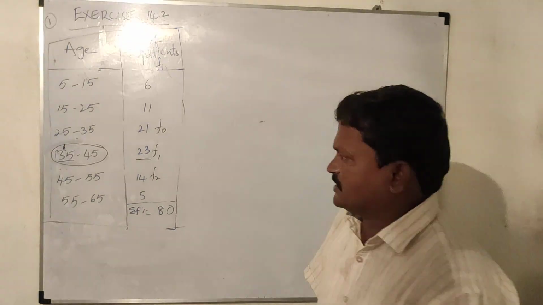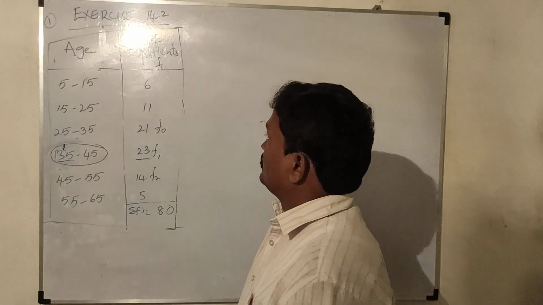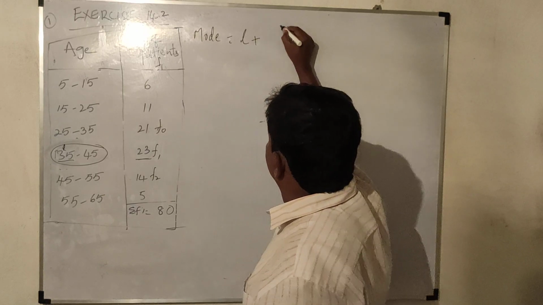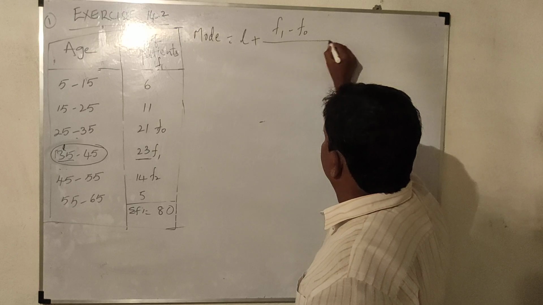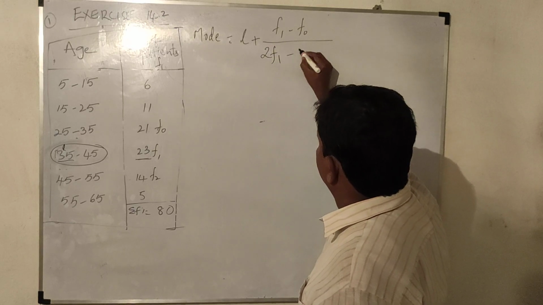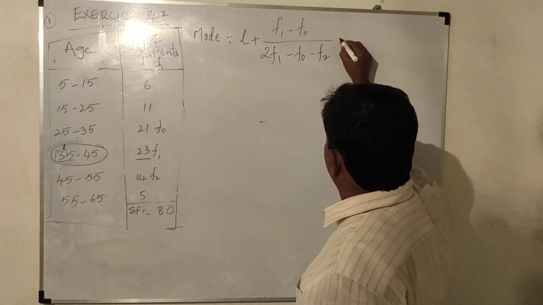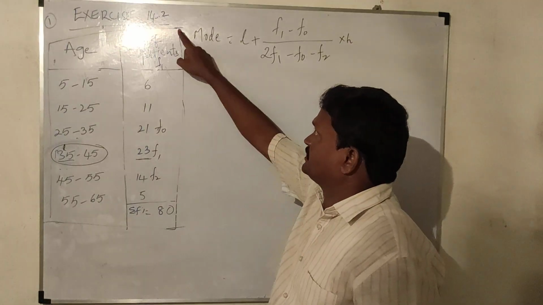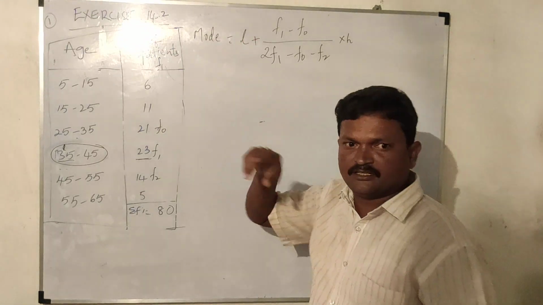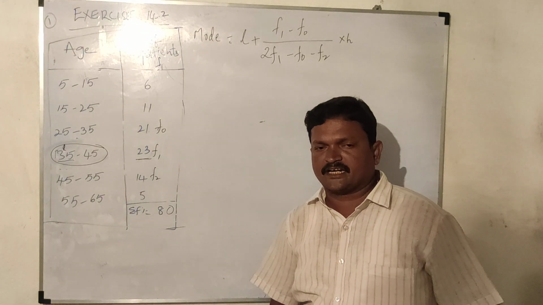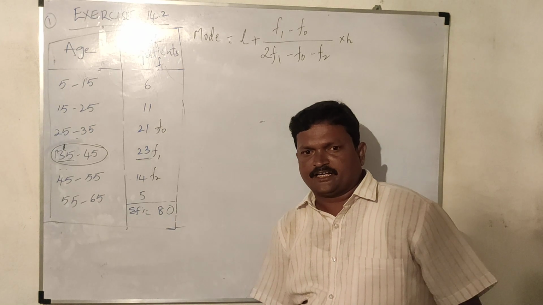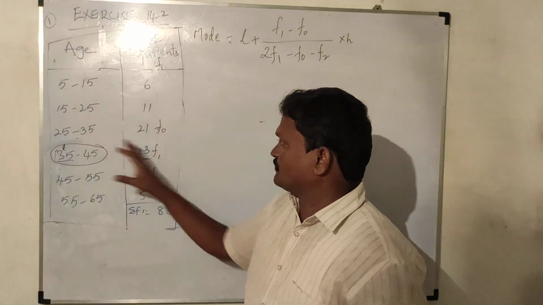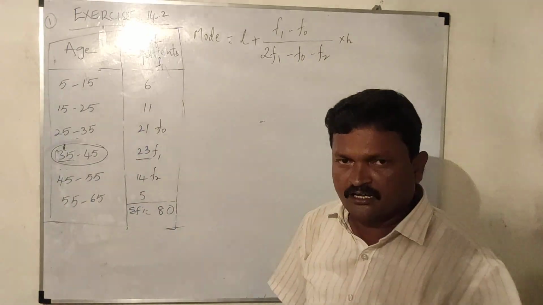So write the formula once: mode is equal to L plus (F1 minus F0) divided by (2F1 minus F0 minus F2), into H. In the mean we had to take some more columns, like class mark, D, FD, and so on. But here there is no need to take any other columns. Just substitute the values in the formula and you will get the mode.